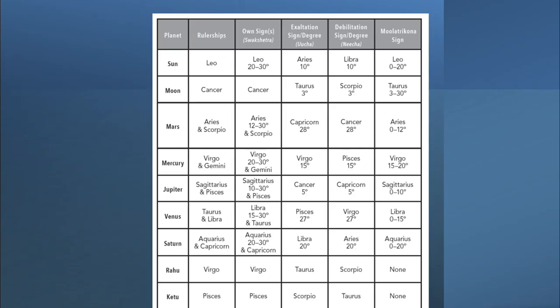That is why every planet has two houses. One indicates its negative house, one indicates its positive house. Negative is not in the sense that it is doing something negative or malefic. Negative basically means like male and female.